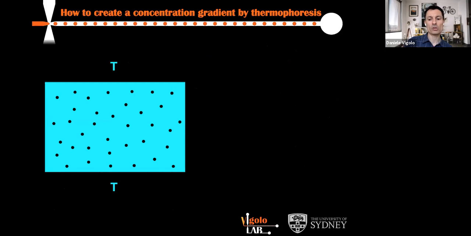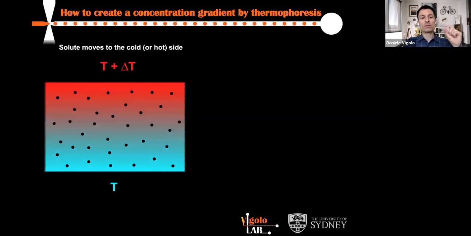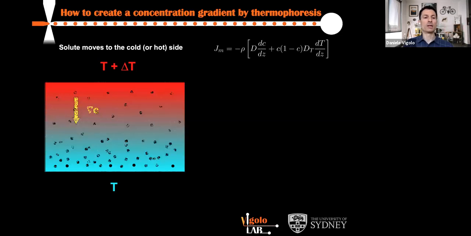So whenever you have a suspension, that can be particles, that can be ions in solution, that can be molecules in solution, as long as there is a uniform temperature, well, if these particles are colloidal particles, they will eventually diffuse by Brownian motion. But whenever you have a temperature difference across this solution, you will see a migration of the solute towards one of the sides. That can be the cold side or the hot side. That depends on the characteristic of the solute.